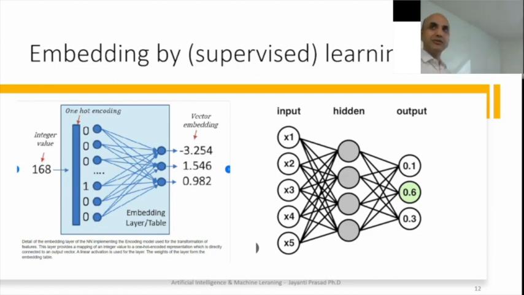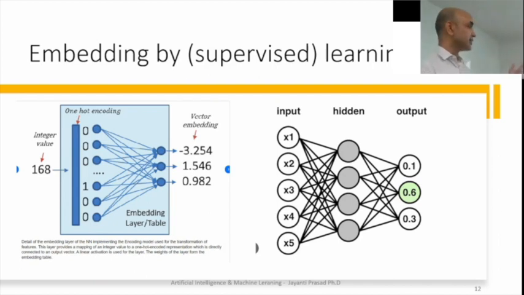Obviously, you don't know the values of the matrix elements, but you initialize them randomly. And there is always an appropriate matrix which you multiply on this big vector, and you get a small vector which will be dense. Okay, so at this moment, I have not explained how to set the values of this matrix, which maps these one hot encoding vectors to dense vectors.